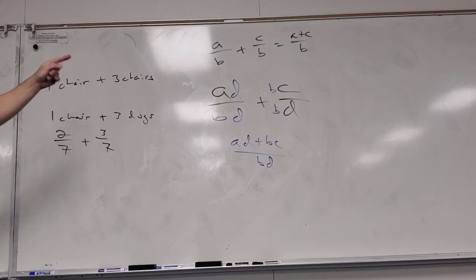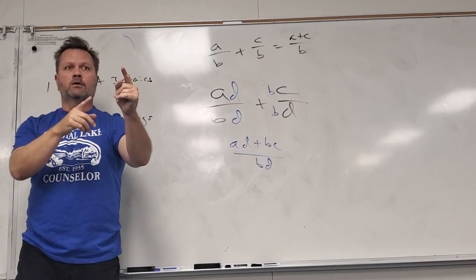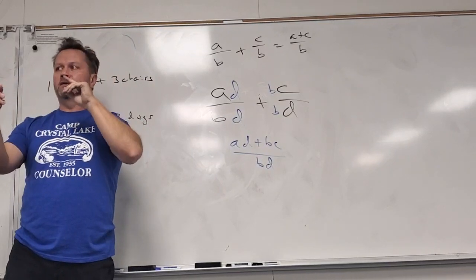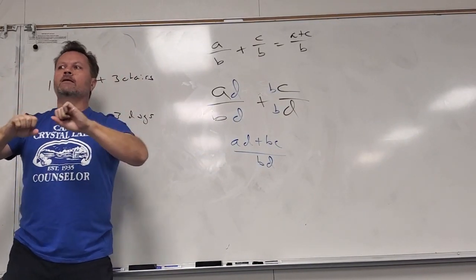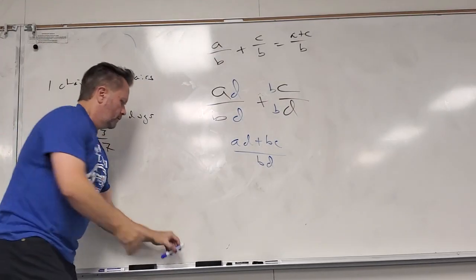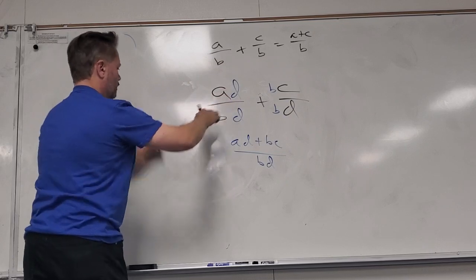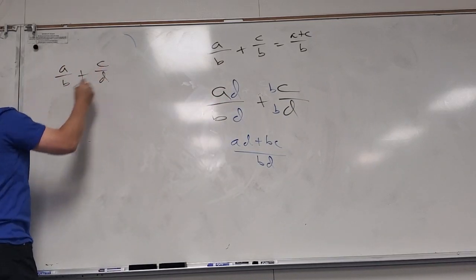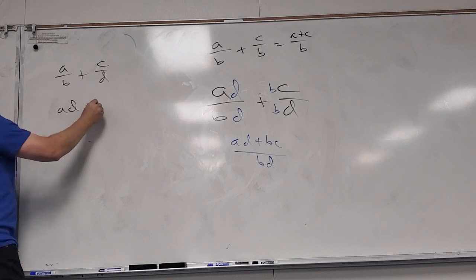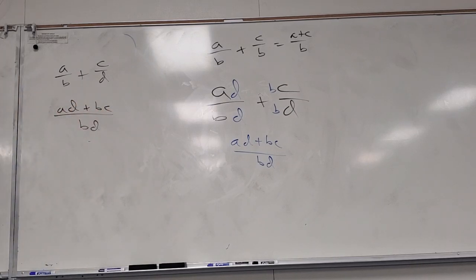And what's true about B and D? They are also whole numbers, except they can't be 0. You guys all with me? Okay, so two fractions, when I add them together, I get basically the addition of two whole numbers, correct?